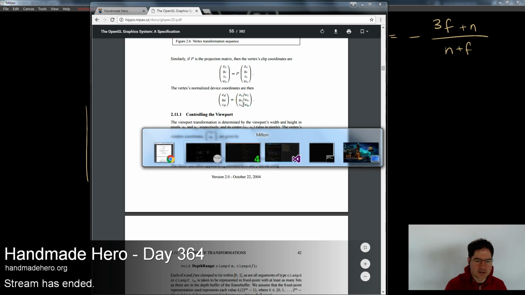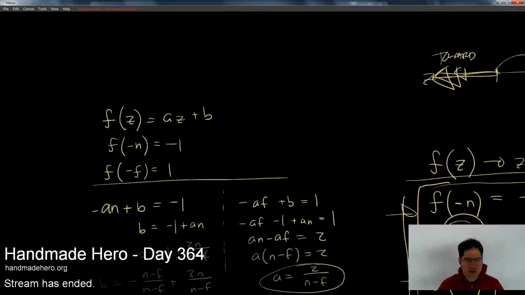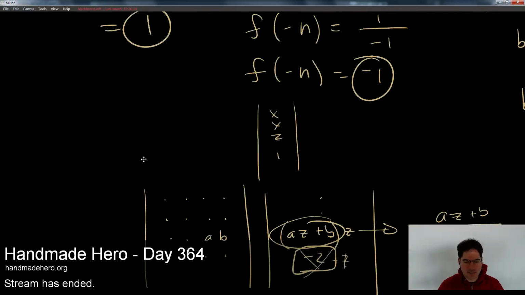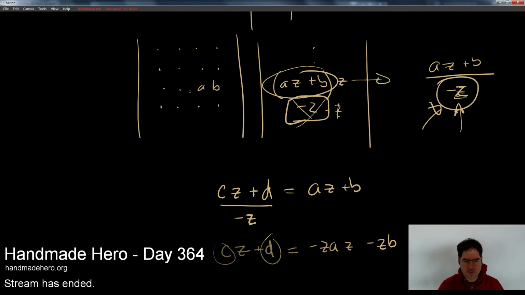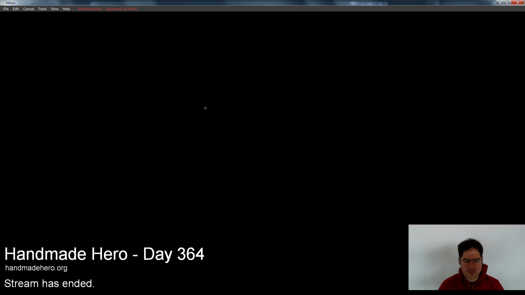So technically, right, we're going to have to redo this guy. Because technically what ends up happening here is, if we take a look at this equation again, what we actually have is Az plus B over negative z is what we actually expect our f of z to be, right? In theory.